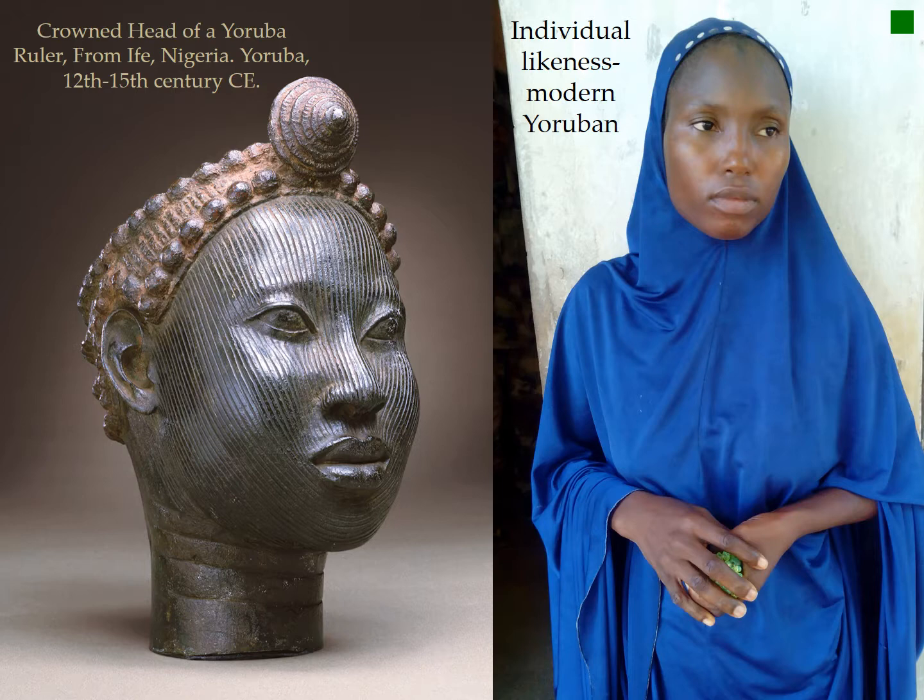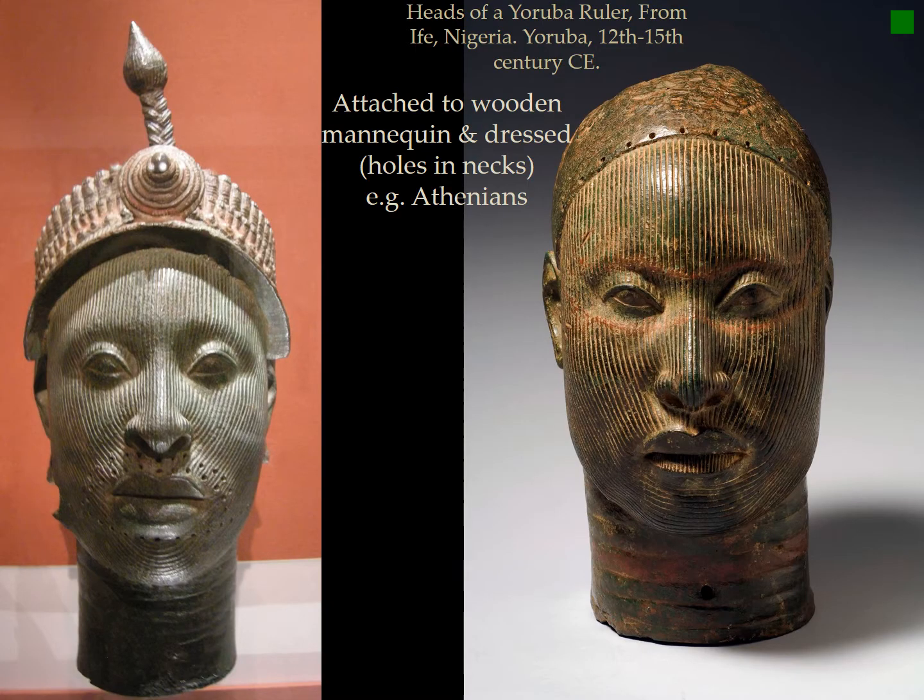And so we cannot privilege European art above it because of this misunderstanding and how we classify things and rank them as superior artistically. These would be attached to wooden mannequins and then dressed. The holes in the necks are going to be the markers where we would attach these hollow bronze cast sculptures to the wooden core. This is a practice that is found throughout the ancient world.